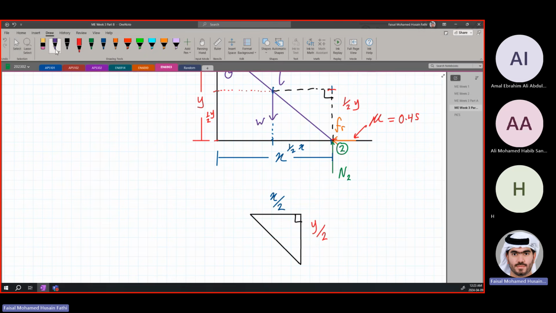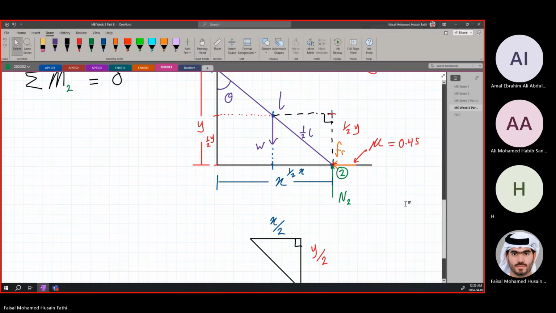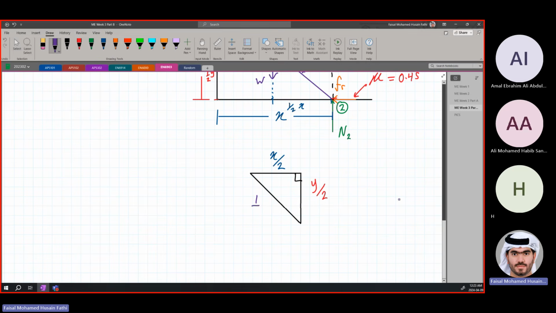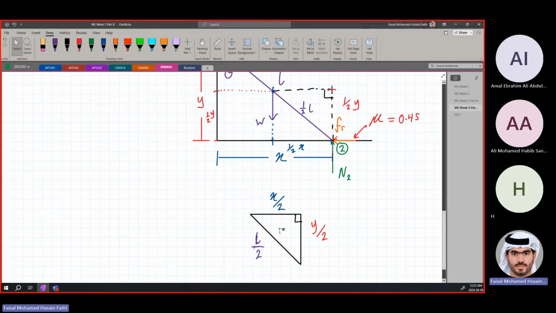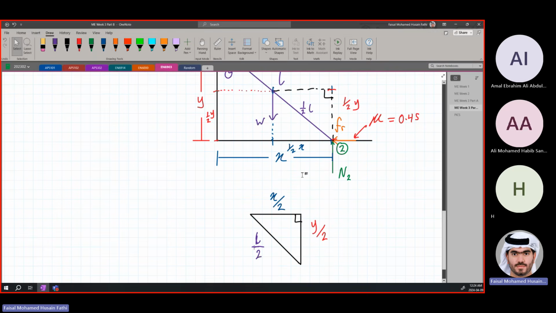And this is going to be half of L, or L over 2. Again, this purple distance, because the W is acting right in the middle, is half of L. Now the way to solve this: since this is a right triangle, we want to find the relation where we are getting rid of as many variables as we can.